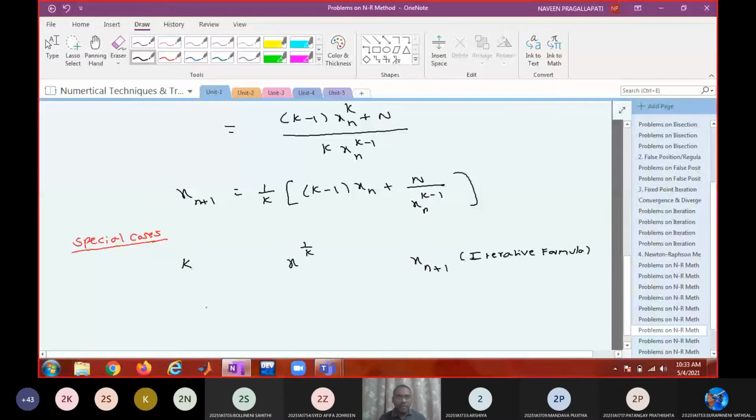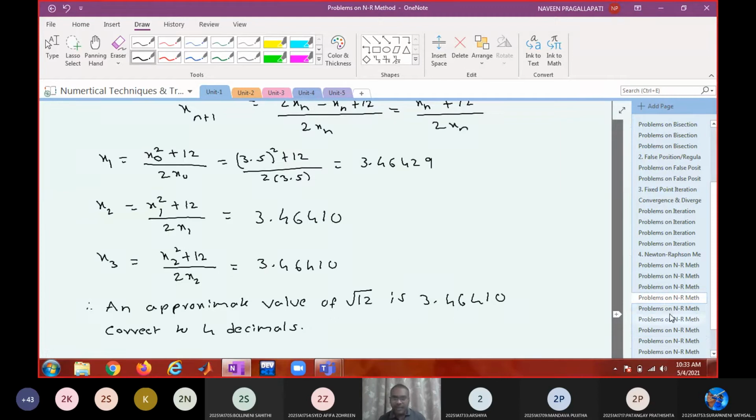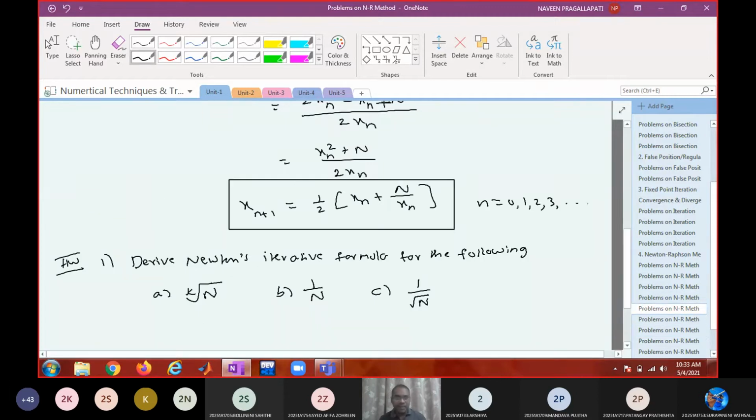So when I say k equal to minus 1, this is sorry, this is not x, I think. It is the kth root of n, that is what we were trying to find out. Am I right? See here, kth root of n.